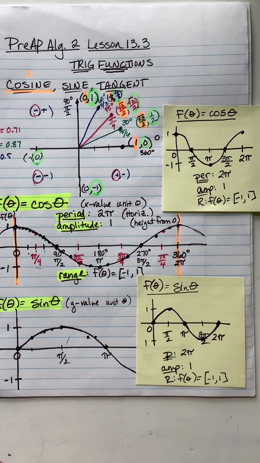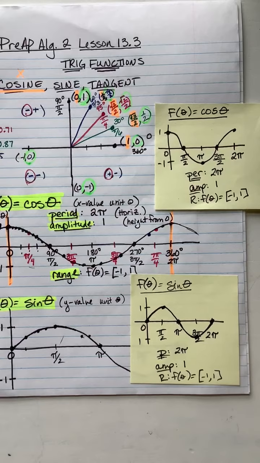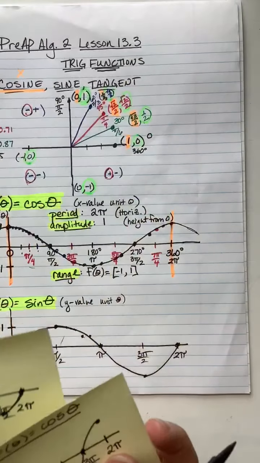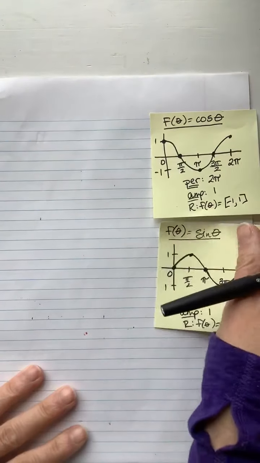What I want to do now is show you, of course, if we have parent functions, you can't call anybody a parent until they have babies. So these are, of course, going to produce some transformed functions or some offspring from these parent functions. So I'm going to take these deep notes and keep them over here for handy dandy reference.